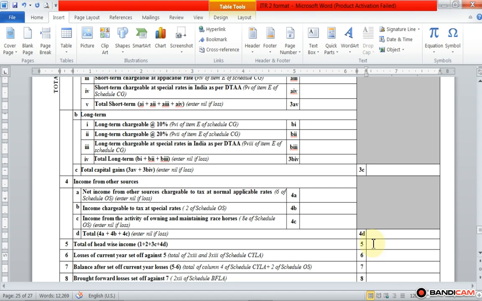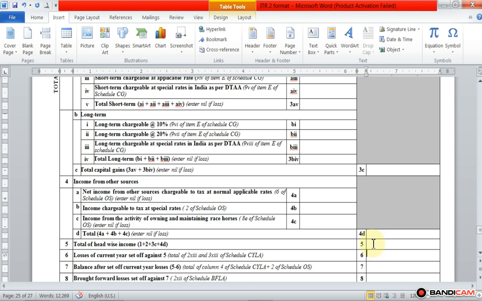Then loss of current year set off against the 5 total heads. So we deduct the loss if a loss is incurred in the current year. It means we set off the current year loss against the current year's income.